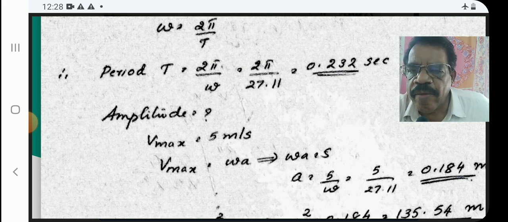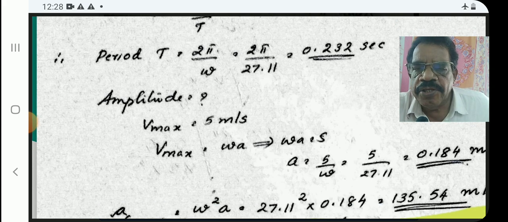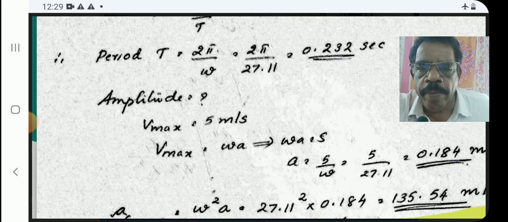Amplitude? V max is 5 meter per second. V max is omega A. That is omega A is equal to 5. That is A is equal to 5 by omega, 5 by 27.11.